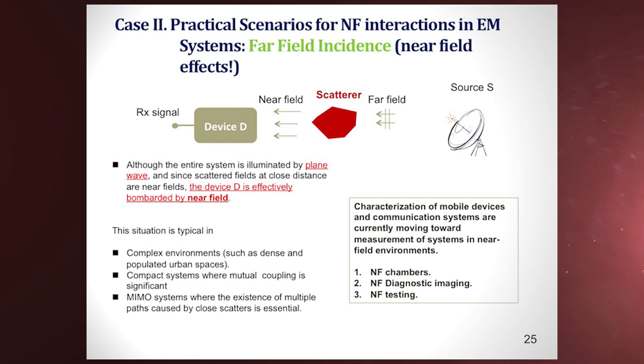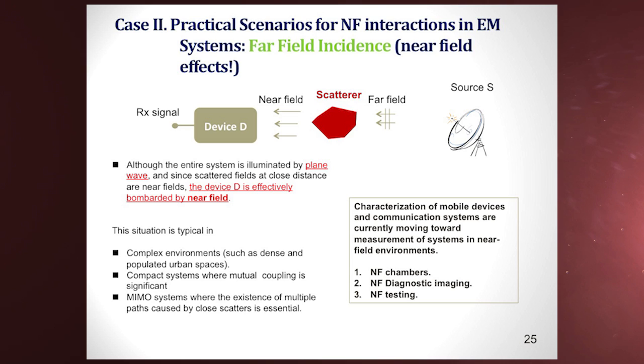Let me just take this example here where we could run into trouble. If you have a source, and the device that we want to model is in the near field of the source, then we really need to know the source near field to describe the interaction process.